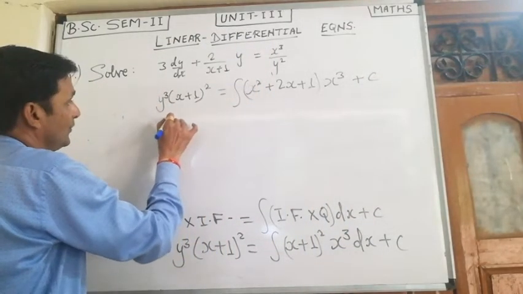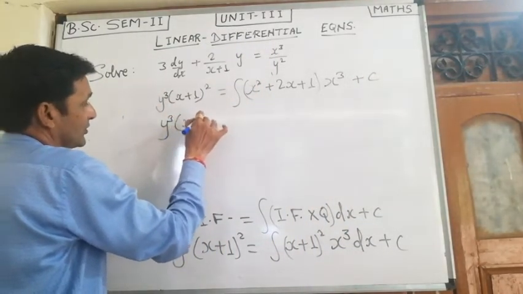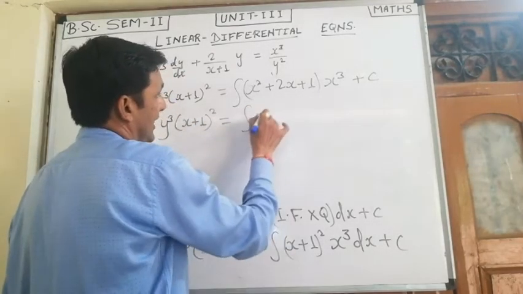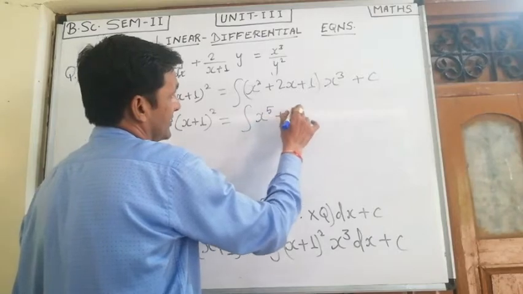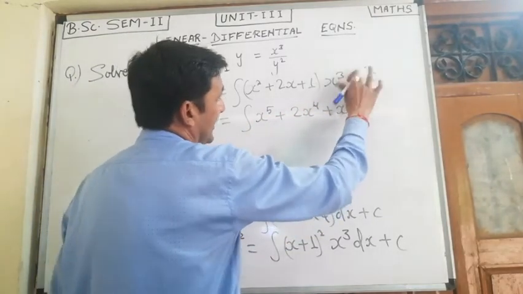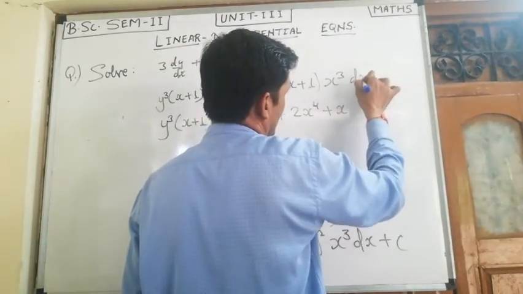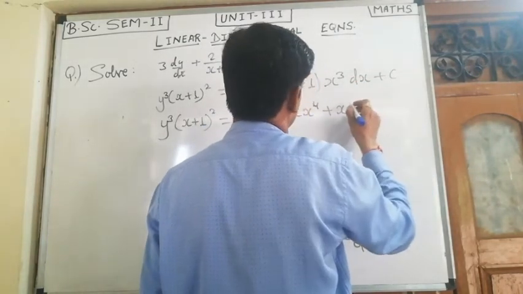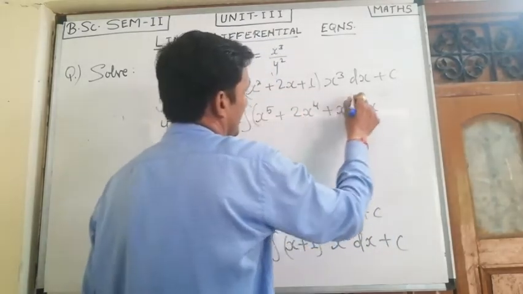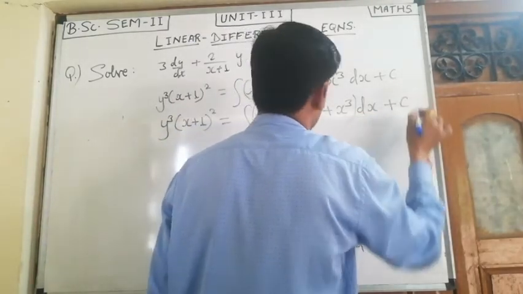So y cube x plus 1 whole square is equal to x raised to the power 5 plus 2x raised to the power 4 plus x cube, and here we have to integrate it with respect to x also. This complete should be integrated with respect to x plus constant.